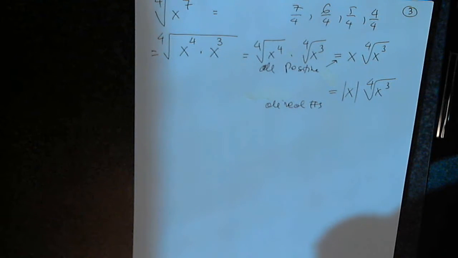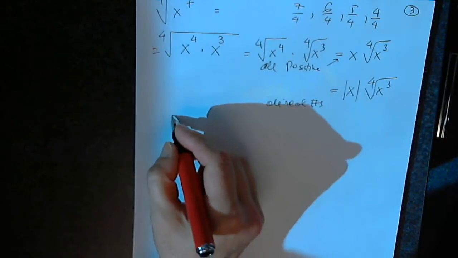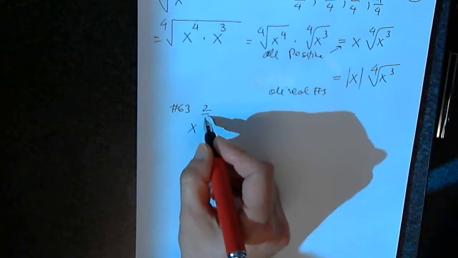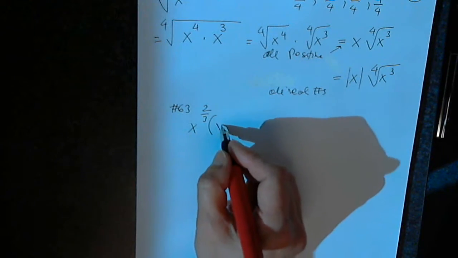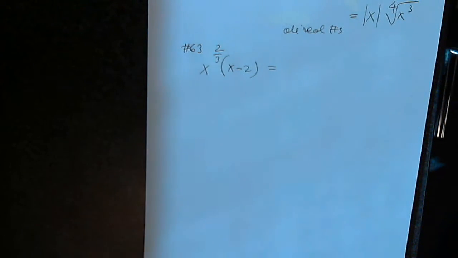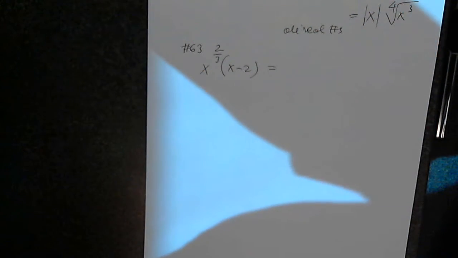Okay, let's look at a problem like, let's say 63. I don't want to emphasize this problem too much because you are not going to frequently see this at all. So here we're asked to simplify. The only thing I can do is remove parentheses. Well, in order to remove parentheses, I would have to distribute.